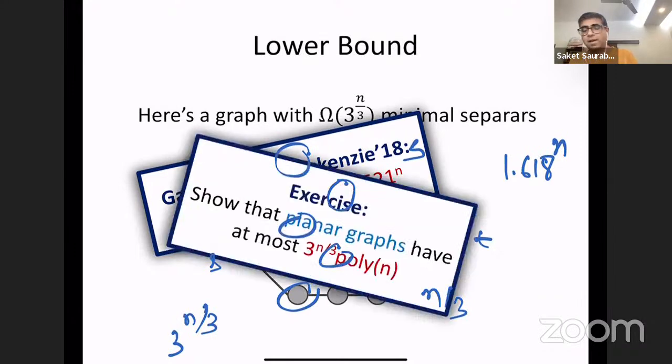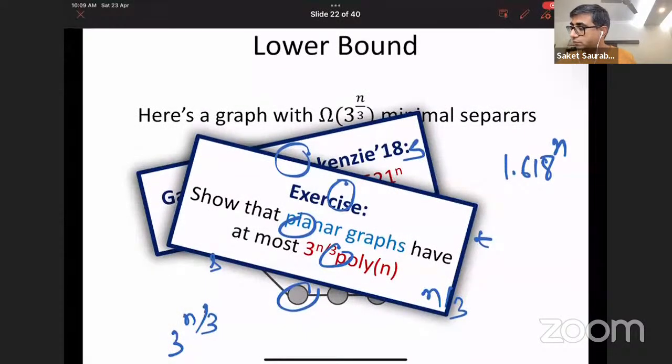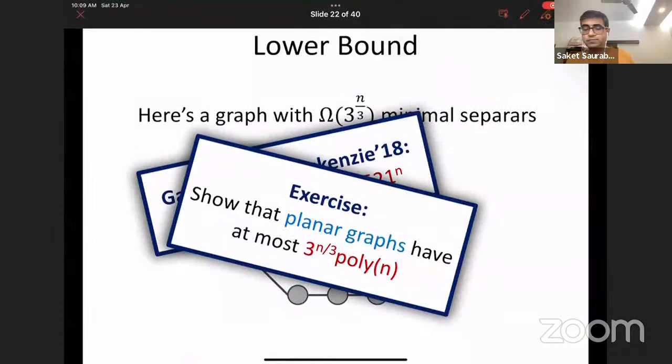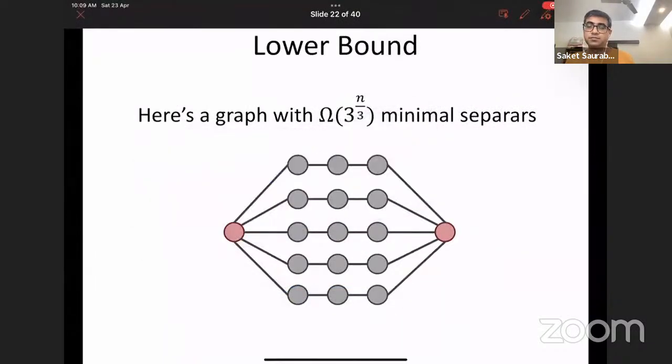But in planar graphs, we can show that the number of minimal separators between two vertices is upper bounded by this. And this is tight because the graph which I showed you some time back is actually planar. See, this is a planar graph because it can be drawn in a plane without any edge crossing.